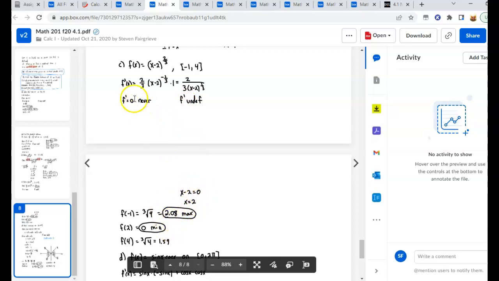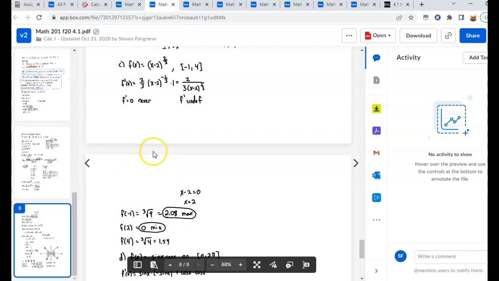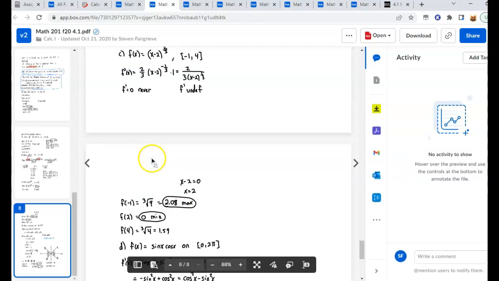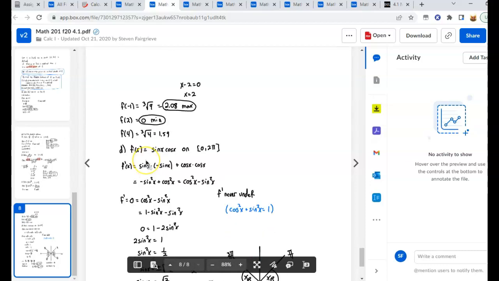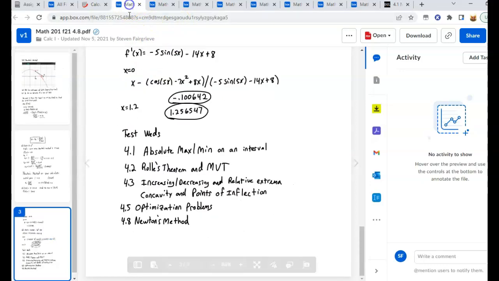The original function, when we evaluate it now at x equals 2, we find that that is our smallest numerical value. That's our minimum at 0, and our maximum is 2.08, the cube root of 9. Okay. So first thing we're going to talk about is absolute max and min. That's the first thing that you're going to run into on your exam.